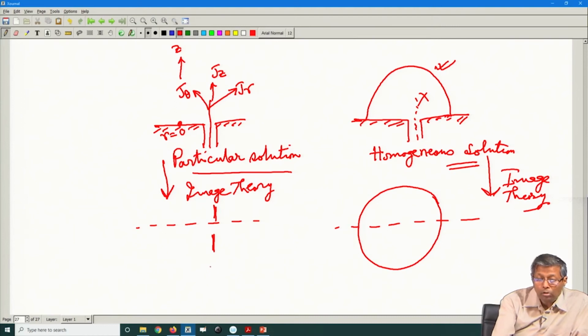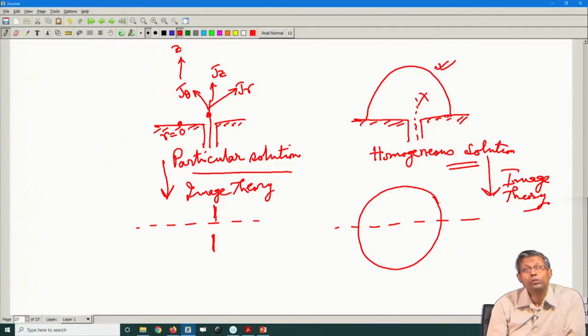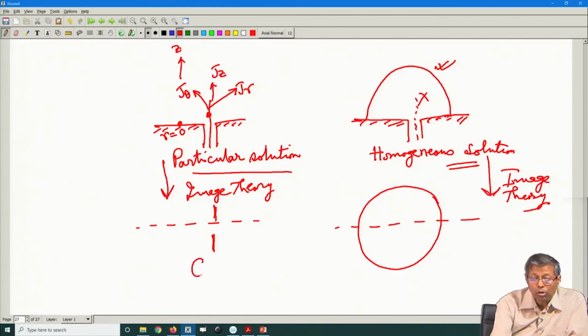So, the particular solution, the response of the source here to this probe, which is considered as a boundary, that response is encompassed, or the information is contained, in the particular Green's function named GP.